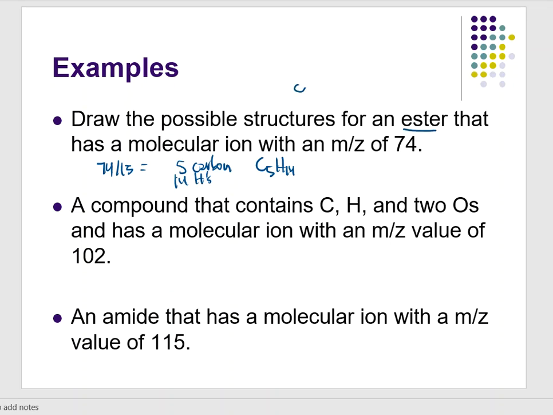Now, the problem says an ester. What is an ester? Well, an ester is a carbon double bonded to an O that is on another oxygen. So here's the problem. I need to free up 2 places for oxygen. All right, well, I'm going to take away 1 carbon, C4.